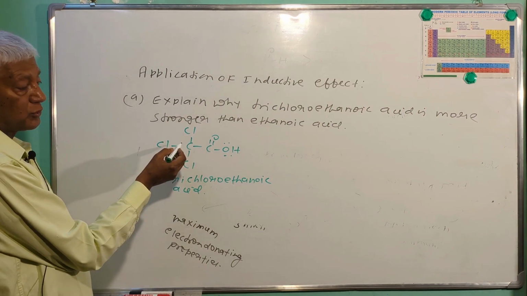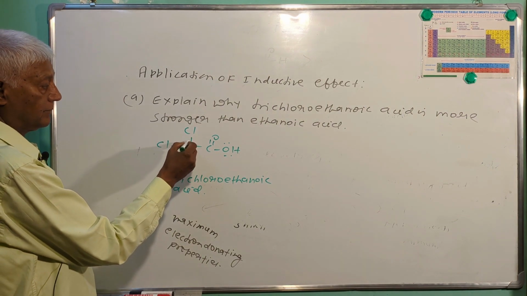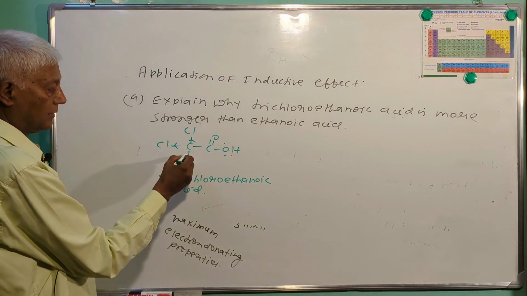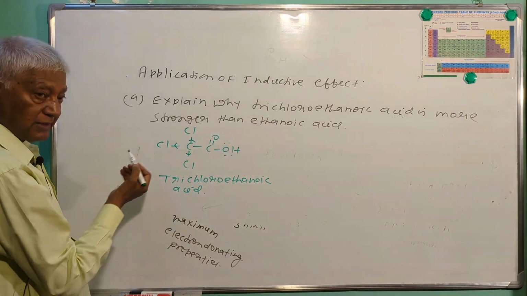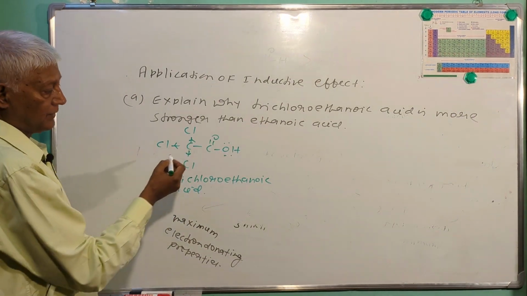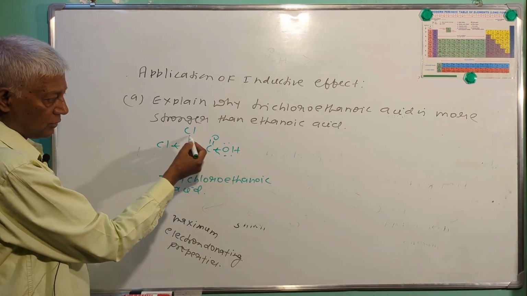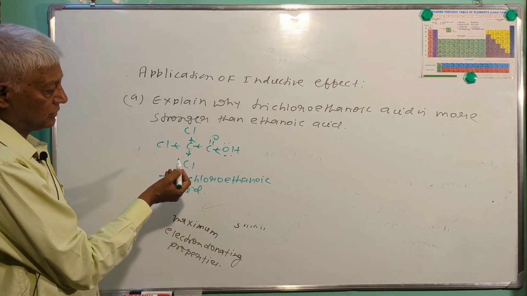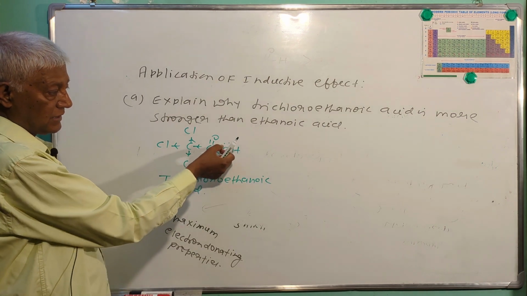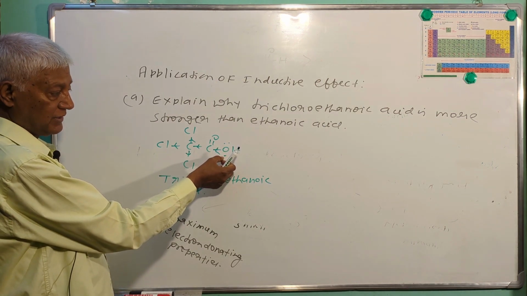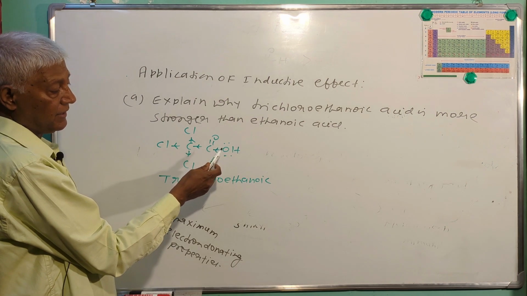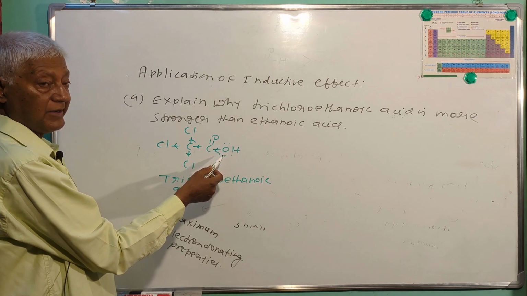How many electron withdrawing groups are there? Three electron withdrawing groups, which means they withdraw electron density. The three chlorine atoms withdraw electron density from the acid group, so the electron density here is very low.